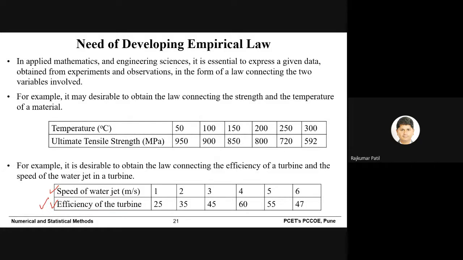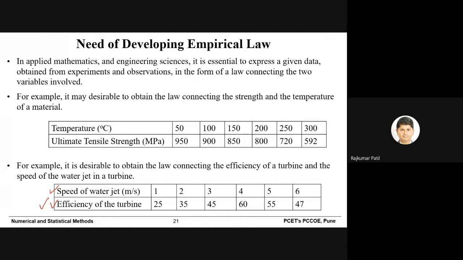Once you understand the impact of each parameter on the efficiency of the turbine, you will say, sir, out of these 10-20 parameters, only 4 or 5 parameters are significant, and they affect the efficiency of the turbine a lot.